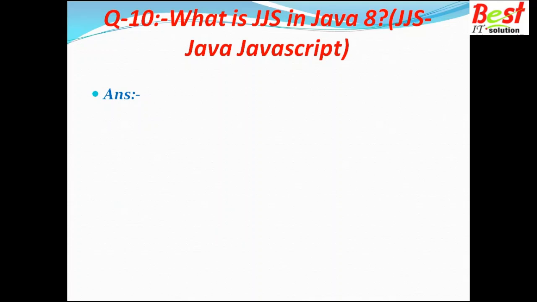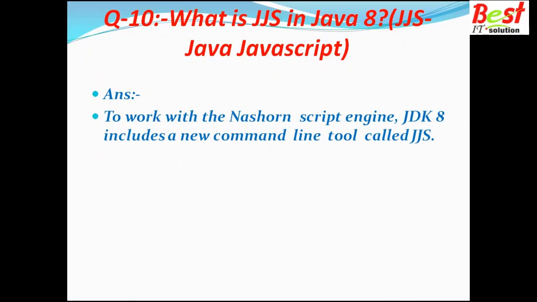Question number 10, what is JJS in Java 8? JJS stands for JavaScript. To work with the Nashorn script engine, JDK 8 includes a new command line tool called JJS.